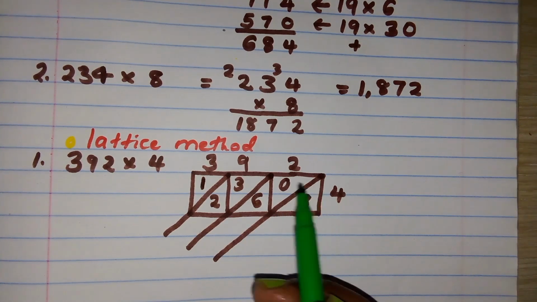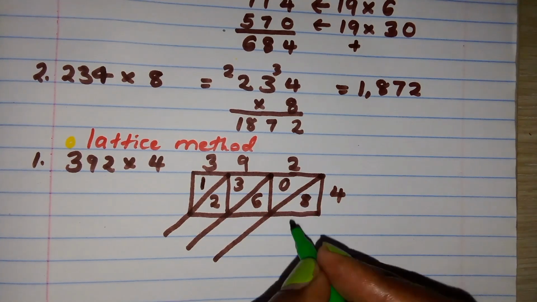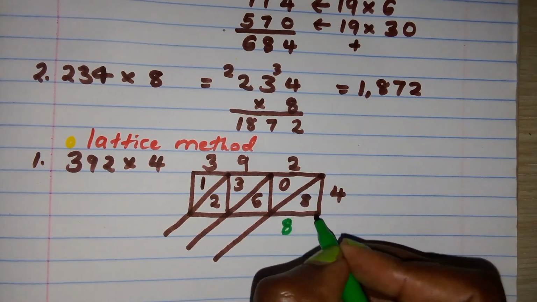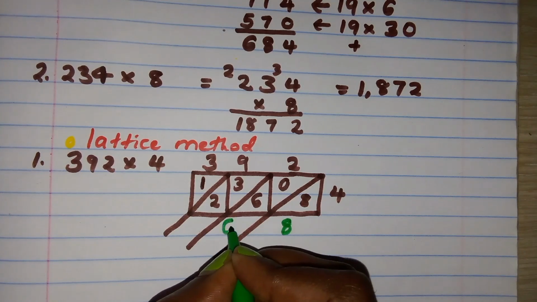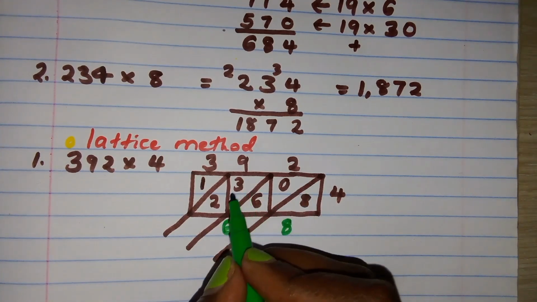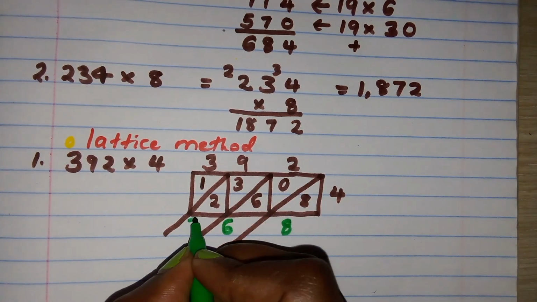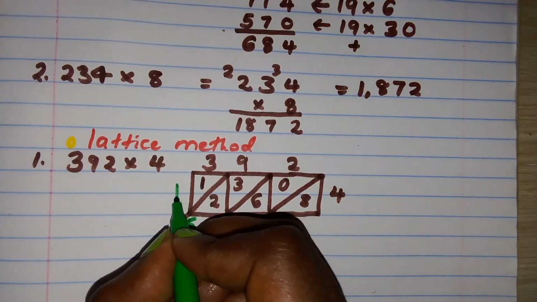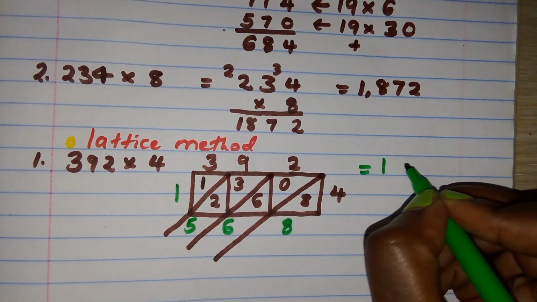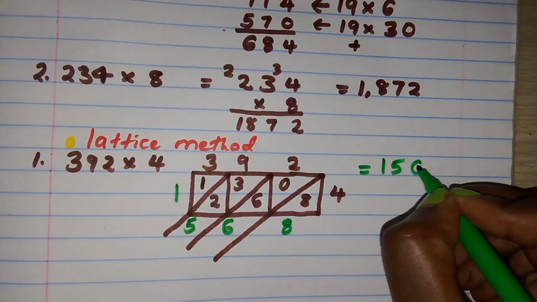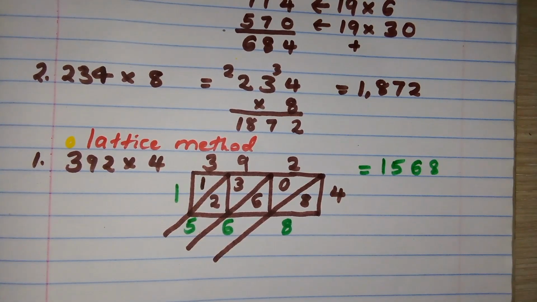Do you see the small triangles? So we add this one, it's just 8 because it's only one number. Here we have 0 and 6. 0 plus 6 is 6, and then 2 plus 3 is 5, and here we only have 1. So the answer would be 1, 5, 6, 8.